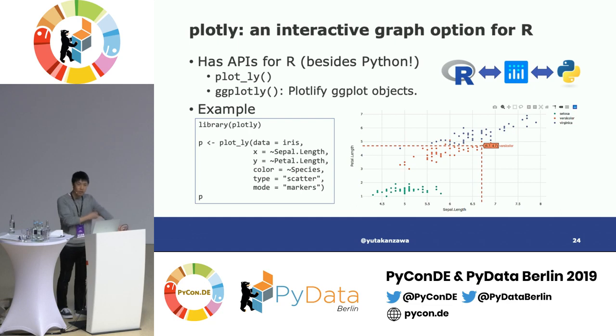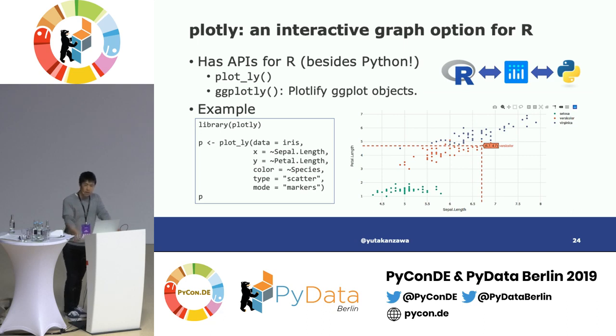Unfortunately, ggplot2 is not perfect because, as I mentioned, interactive visualization is not implemented. But you still have a choice, Plotly. If you use Python, you have many interactive plotting libraries like Bokeh and Seaborn.